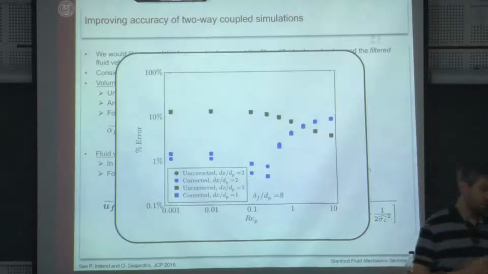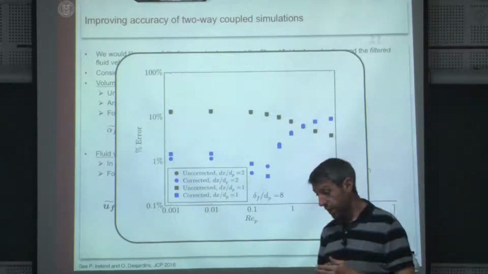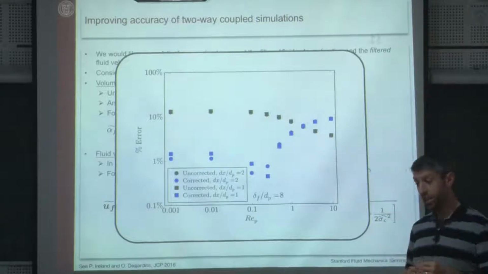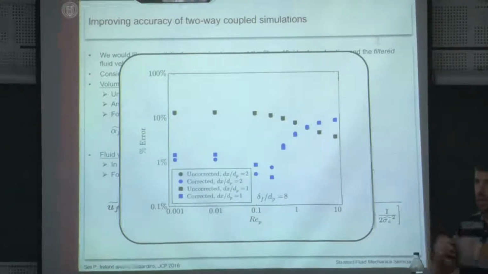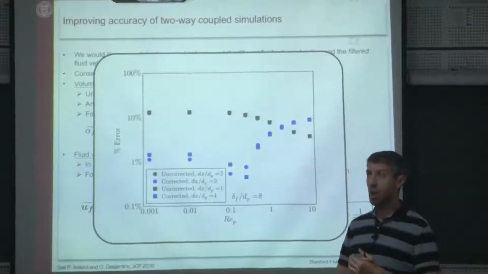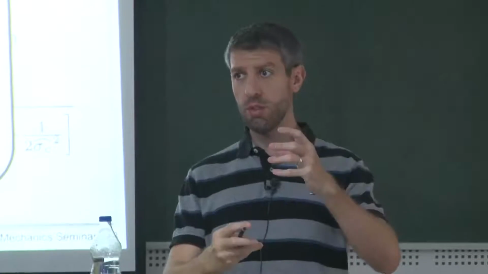And in fact, there's an interesting series of papers that came out from Balachandra's group at University of Florida. For the past few years, they've been building a model that is called PIEP, P-I-E-P. It's an acronym. And that model essentially looks at full direct numerical simulation of different particle arrangements.